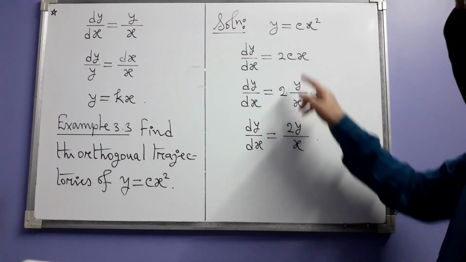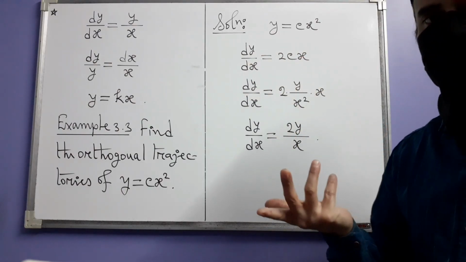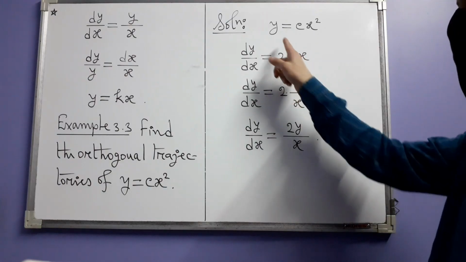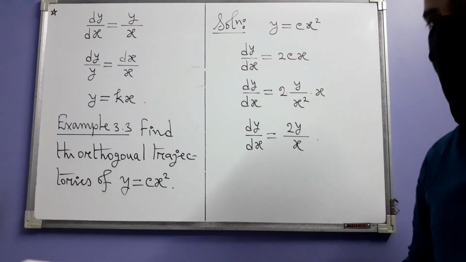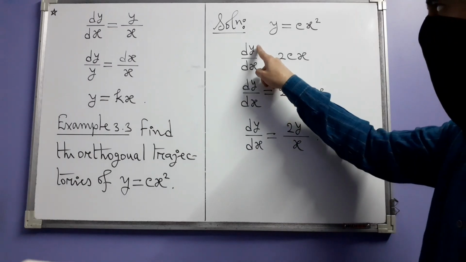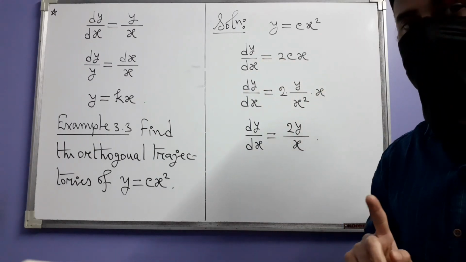So in the solution, we straight away take the equation of the family and then differentiate both sides implicitly with respect to x. In this case, it's very easy. You just have y as a function of x expressed explicitly already. So you straight away get dy/dx on this side, and on the right hand side you get 2cx.